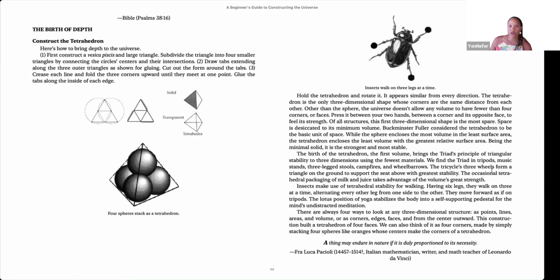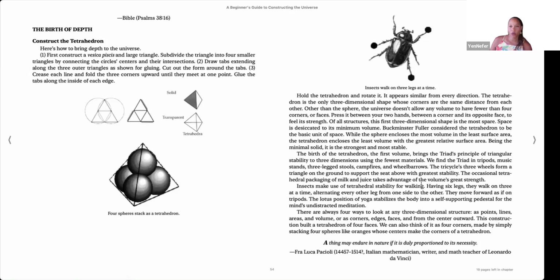The tricycle's 3 wheels form a triangle on the ground to support the seat above with greatest stability. The occasional tetrahedral packaging of milk and juice takes advantage of the volume's great strength. Insects may make use of tetrahedral stability for walking.